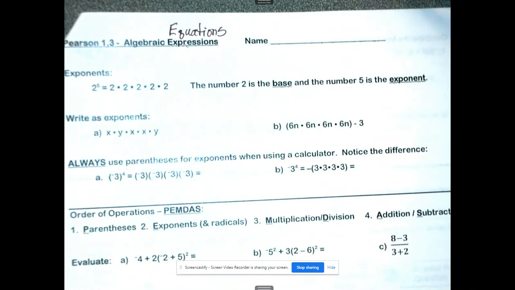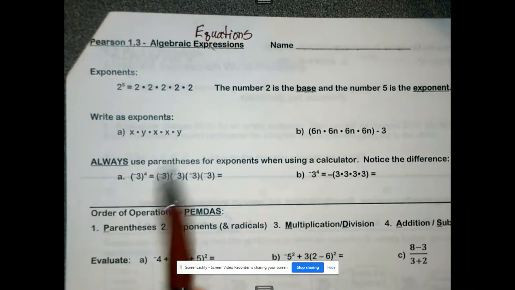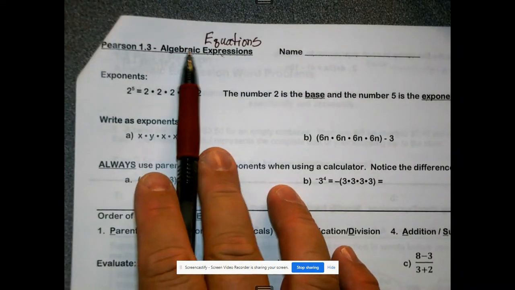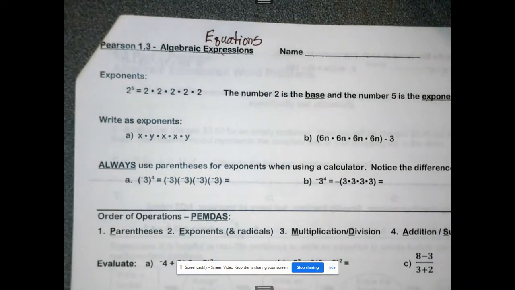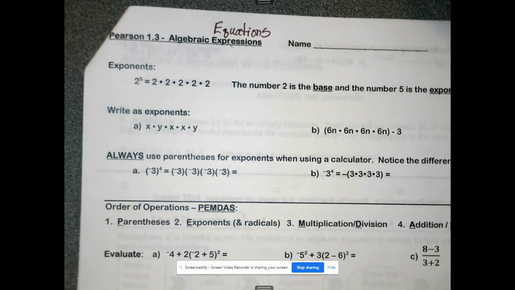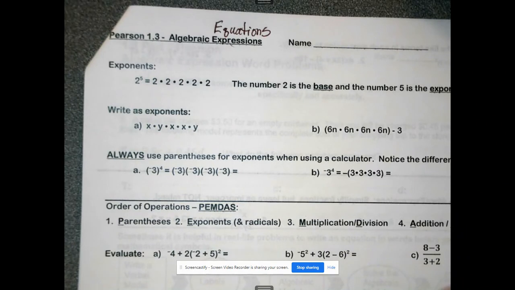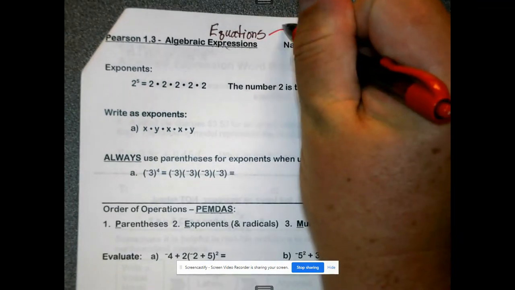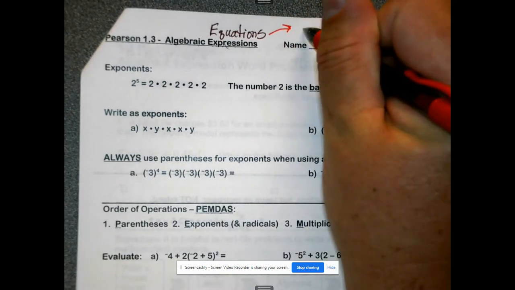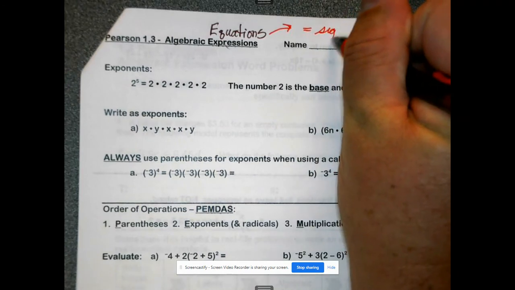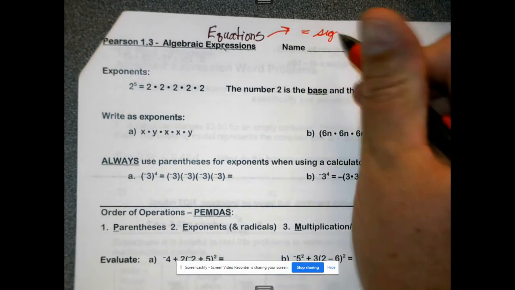When I was in school, my math teachers never told me the difference between expressions and equations. And when I finally found out, it really helped me out. Equations are pretty easy because there's an equal sign there, right? x equals 2.